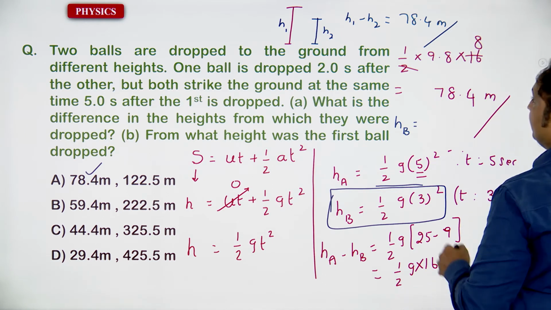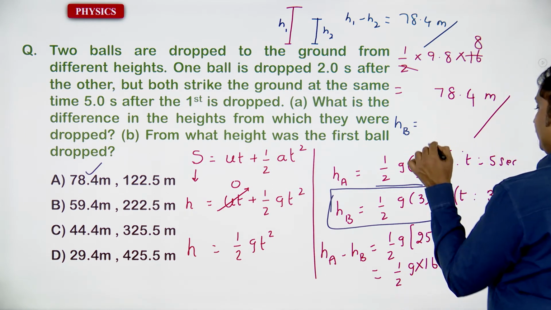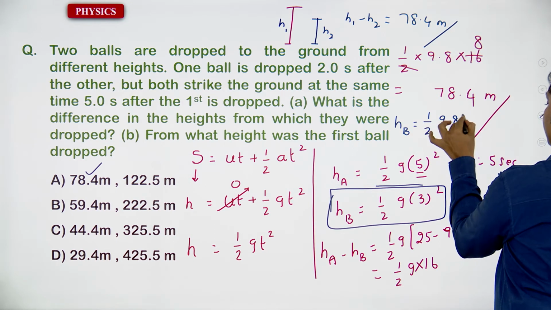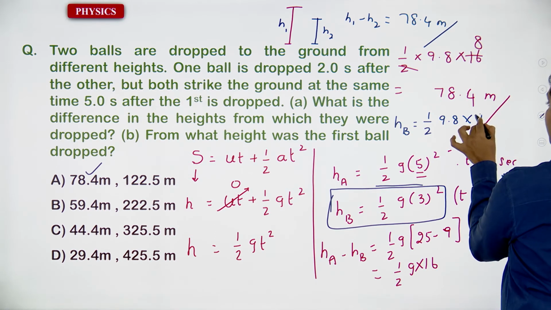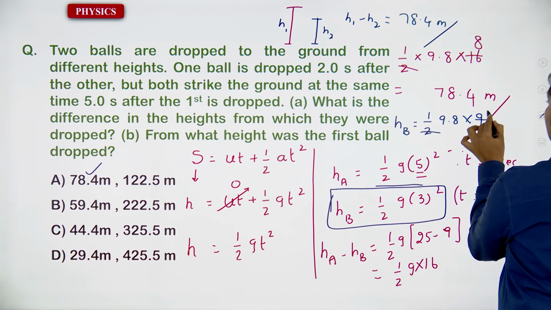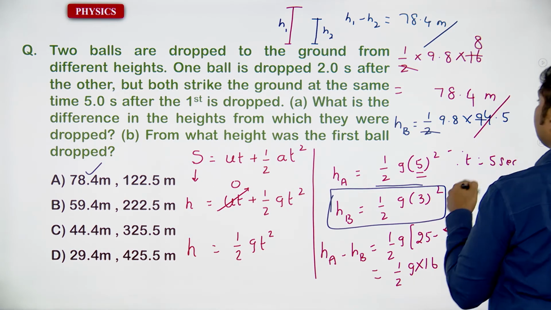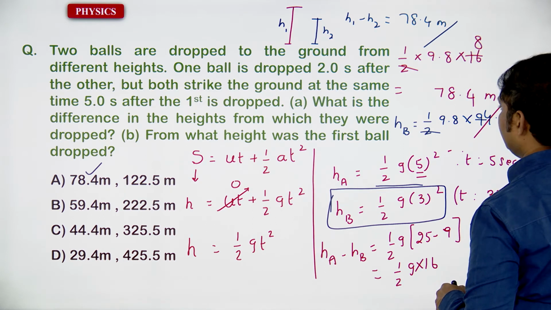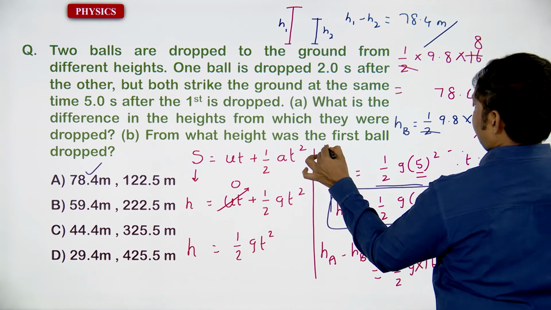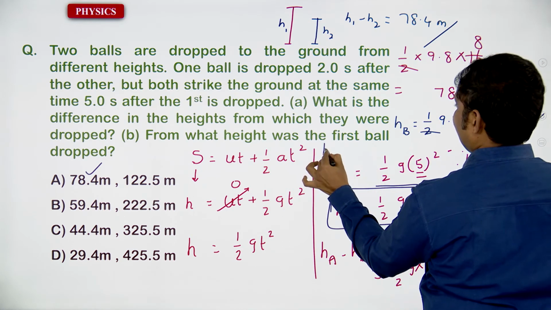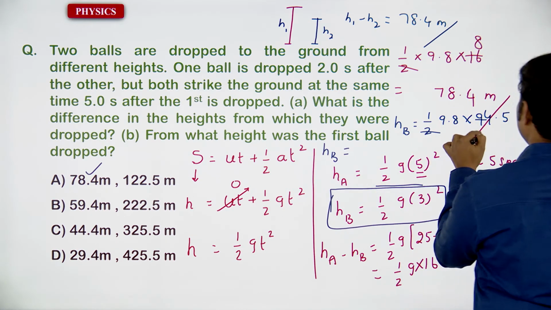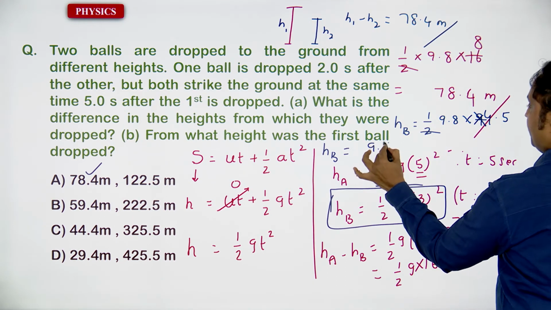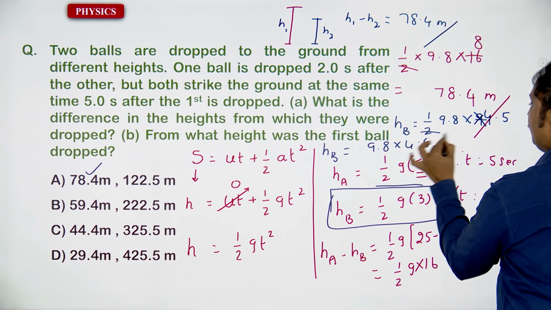Let us assume HB is equal to 1 by 2 into 9.8 into 9. It's very clear, we would like to go for this 4.5. So HB is equal to 9.8 into 4.5.